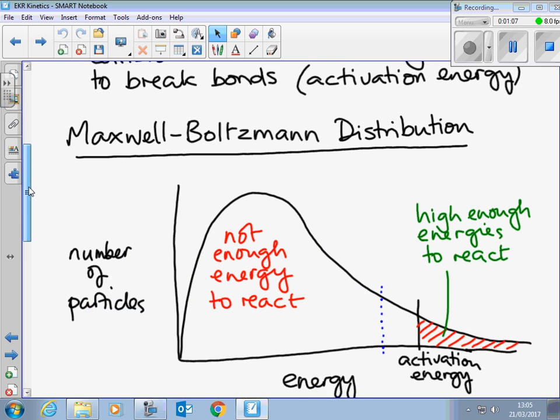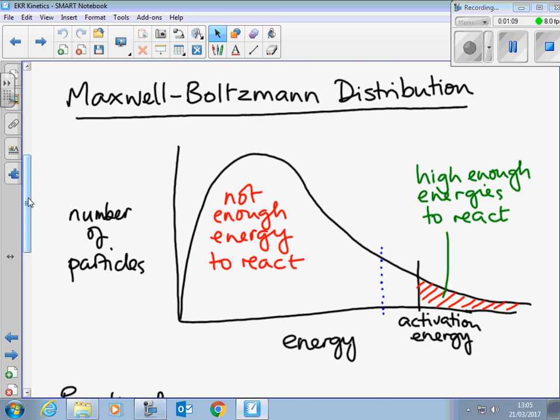And I introduced the Maxwell-Boltzmann distribution representing the energy that particles have. And this illustrates the situation in a gas, which obviously we're not using, but it's the nearest applicable bit of theory to explain the effect, particularly of temperature and catalysts.